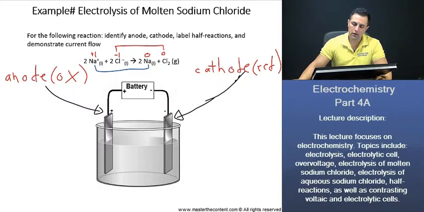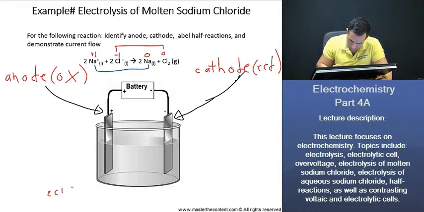Wonderful. And reduction occurs at the cathode, oxidation occurs at the anode. Let's go ahead and fill that in. We'll begin here with our oxidation reaction of our two chlorine ions. That's going to give us our chlorine gas plus our 2 electrons.